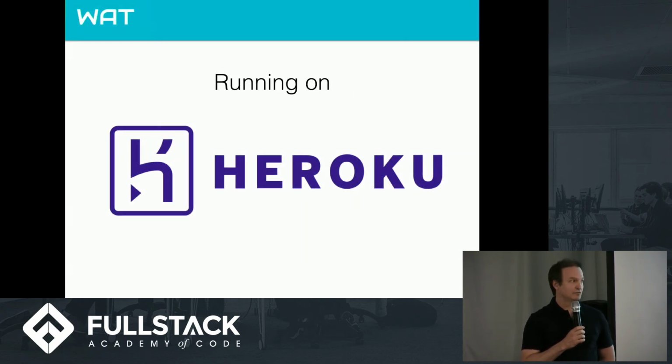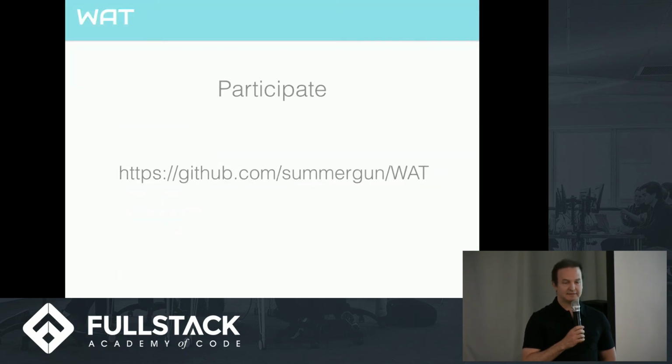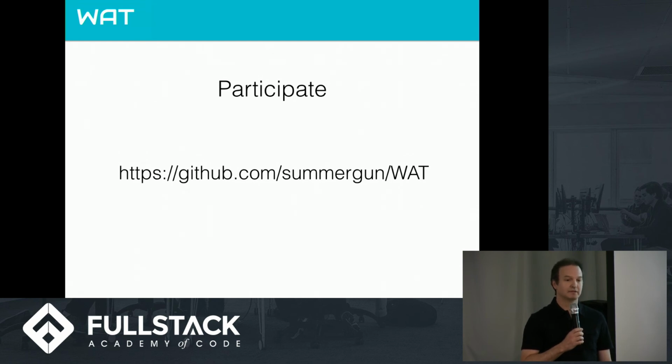We deploy this to Heroku, and we will provide the link in the last slide. And this is an open source project, and we invite you to participate in it. We are currently working on a React Native application, and we are also thinking of working on a communication feature using a pub/sub architecture. So now back to Evan.